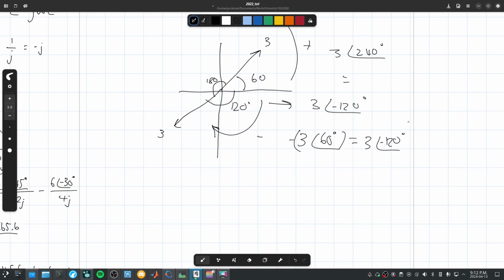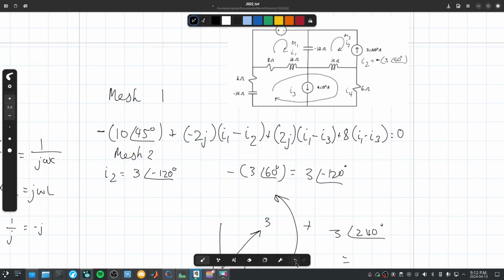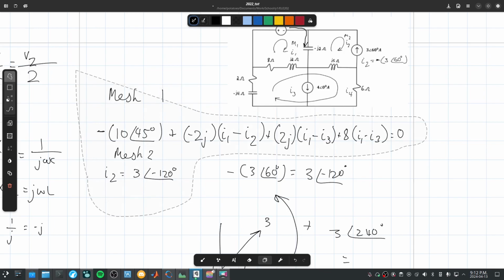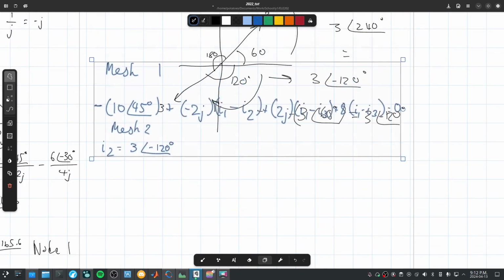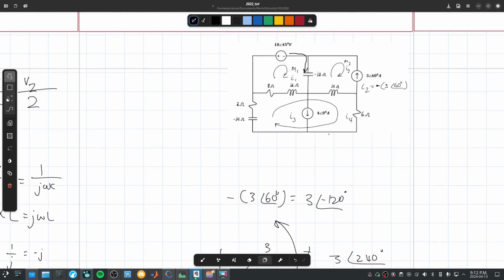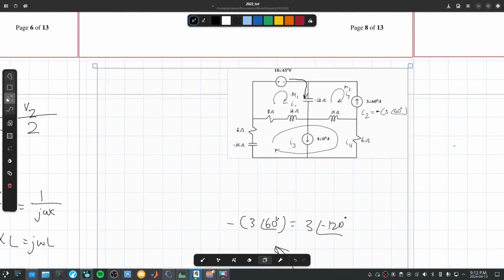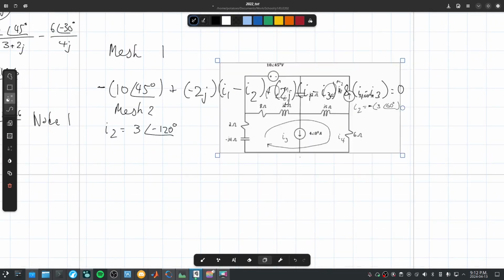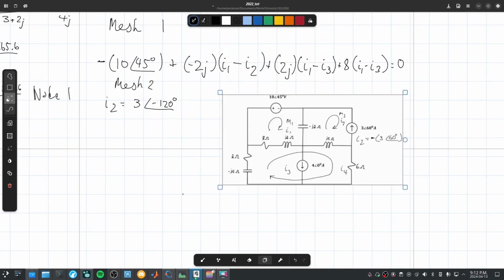Your calculator does it for you. Your calculator is your co-pilot. Use it to your advantage. Let's move this down. Did that clear it up for you? All right, yeah.